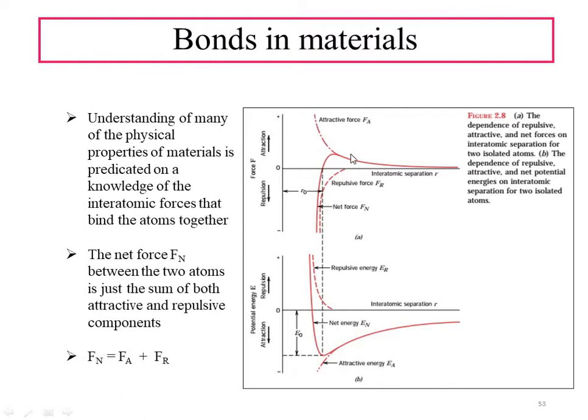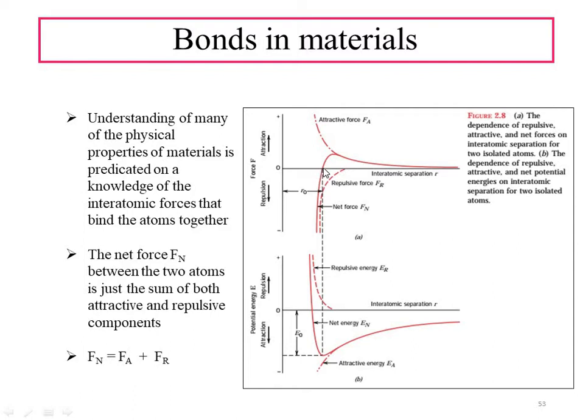So there are two lines. Using this equation, if we plot, we can say that this will be the net force. Here the x-axis is the interatomic separation. As the separation increases, this force initially comes up and then goes towards this portion.